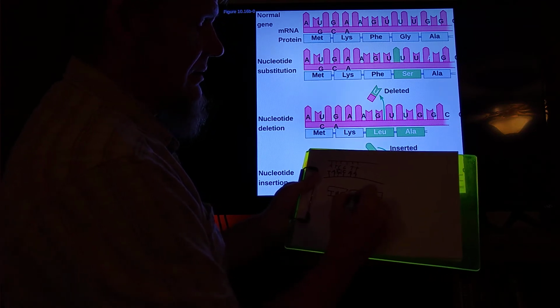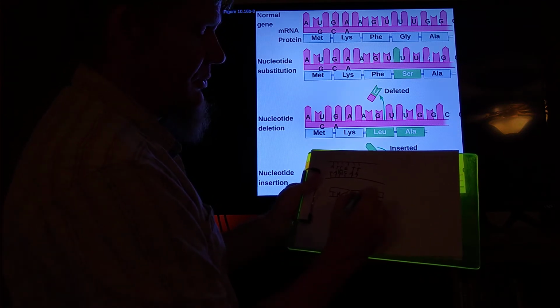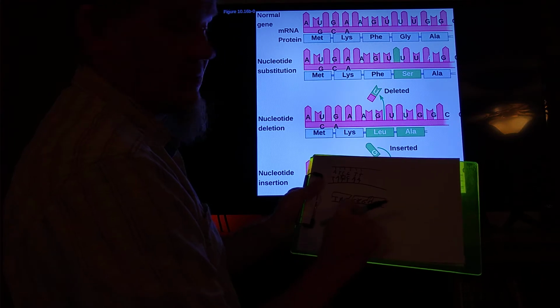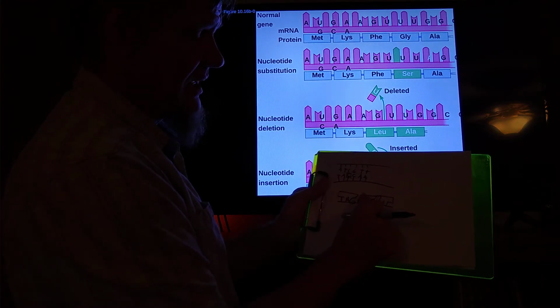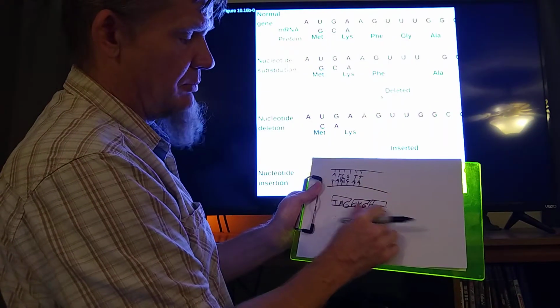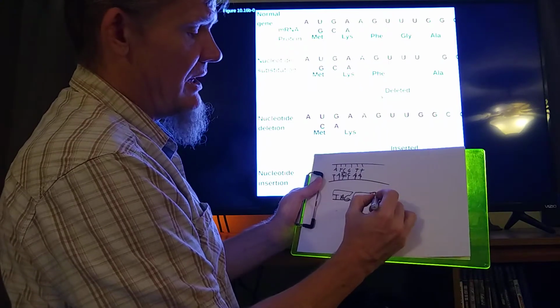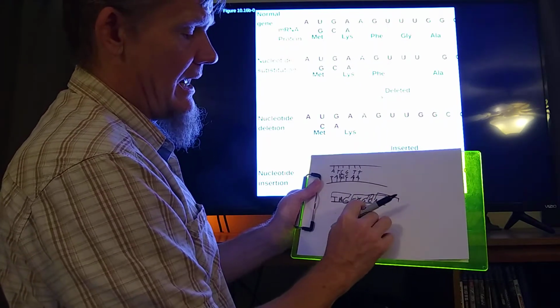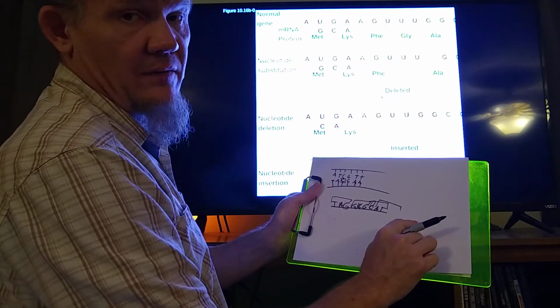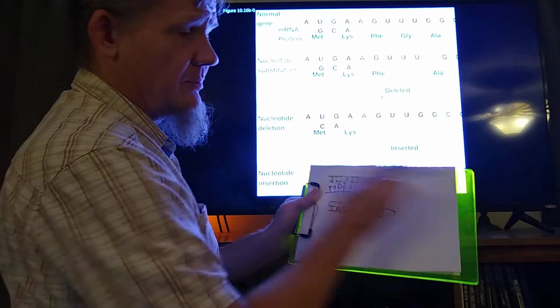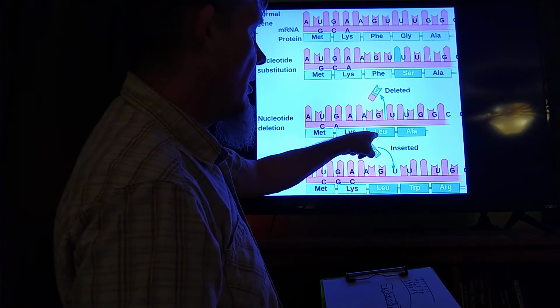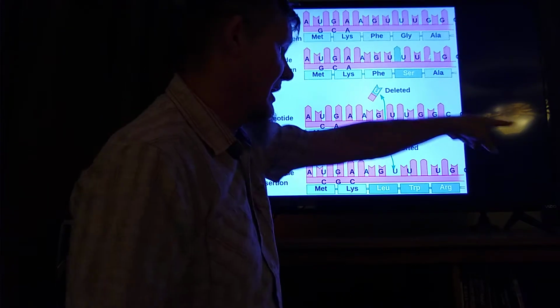If I delete a letter, now I have to pull the next one in. It's not just that it's not there. It's that the whole thing just got pulled up one letter. And so now everything downstream from there, I am off. I am pulling one from the last one. So I didn't just make one wrong amino acid, everything downstream from there is wrong.